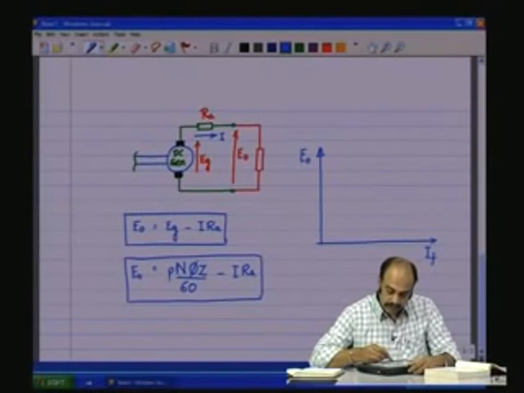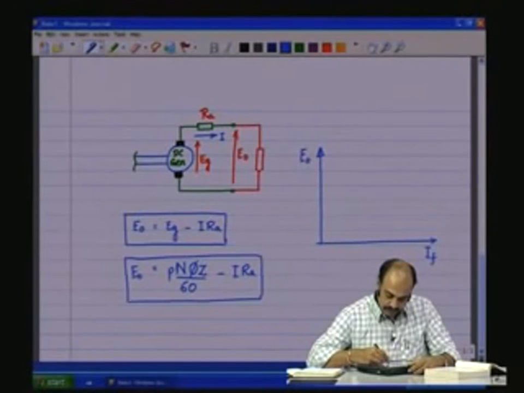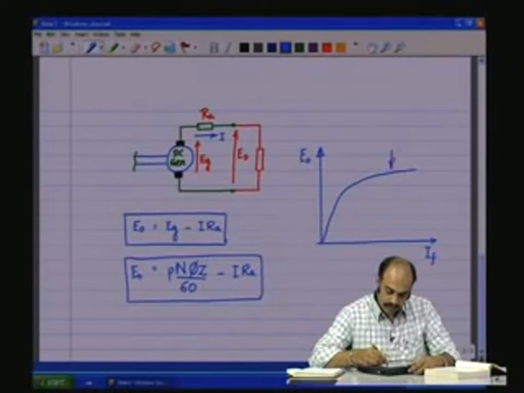So, whatever value of E naught you get here is basically given by something which looks like the Eg curve.